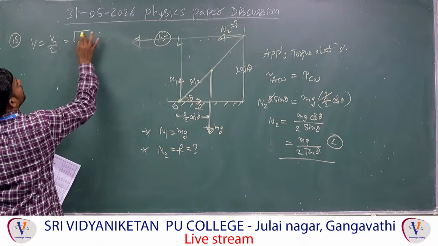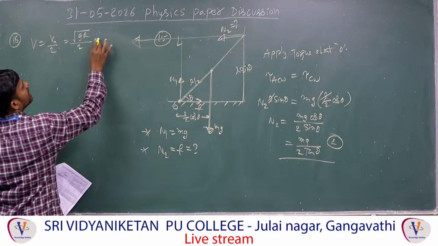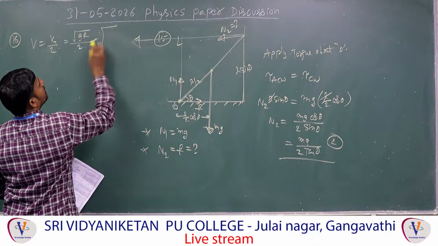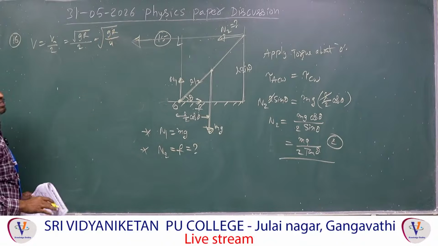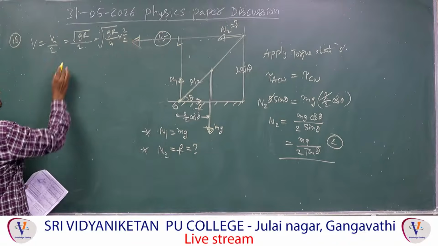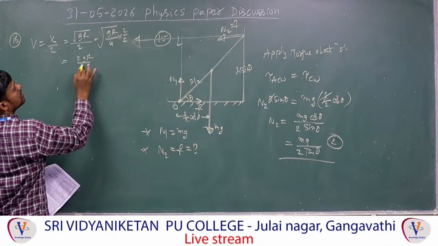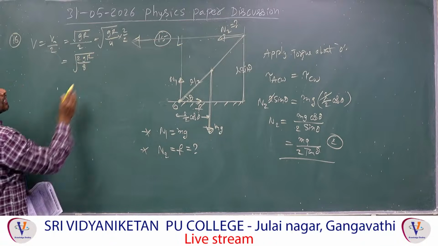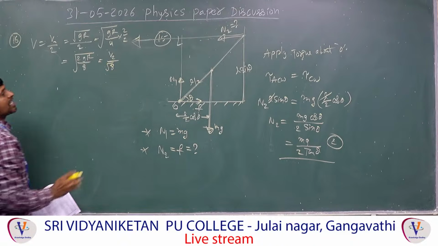The v0 value is root of gR by 2, which is root of gR by 4, and multiplying by root 2 on the numerator and denominator, root of 2gR by 8. The escape velocity is root 2gR, so we take root 8 as it is.